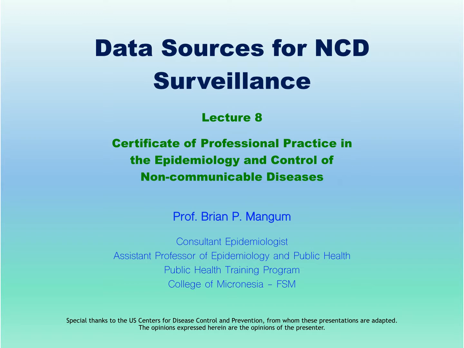We have talked about different types of descriptive and analytical studies. We discussed how to analyze and interpret surveillance using primarily descriptive epidemiology. We talked about how to prioritize public health problems in an environment of limited resources, and most recently we discussed the use of surveillance systems in NCD epidemiology. So in this video, we will be discussing data sources for NCD surveillance.